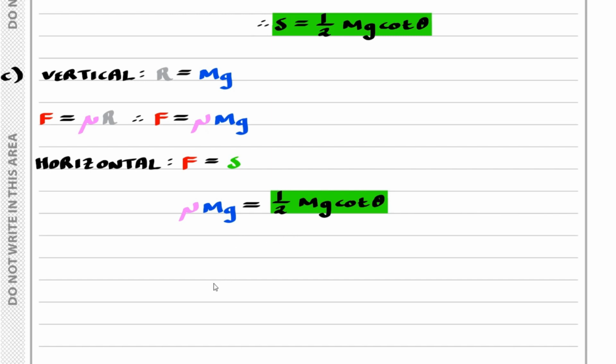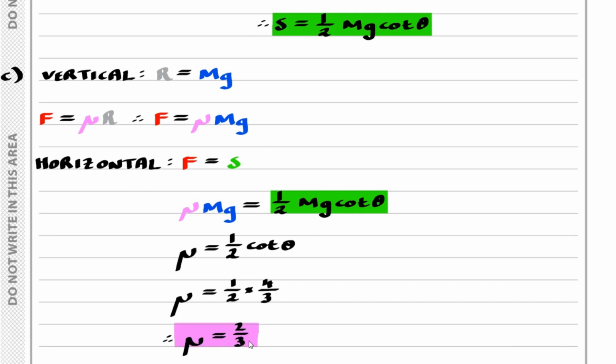So the mg's cancel on both sides, so I've got mu equals a half times cot theta, and cot is the same as 1 over tan, and I know what tan is, that's 3/4. So mu is equal to this 1/2 times cot theta, which is 4 over 3, because tan theta is 3/4. And therefore, if I solve for mu, we'll find mu to equal 2/3.